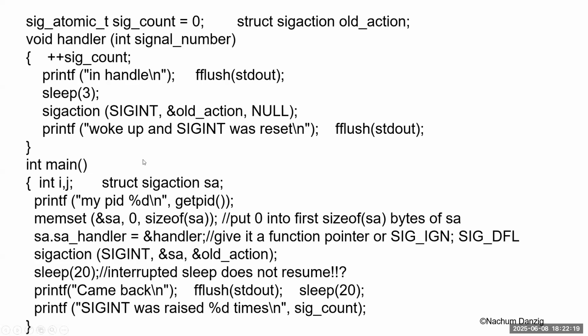Now it only happened once, and SIGINT was reset. Now if I do another sleep 20, and in that sleep 20 I hit it, it should actually kill it. You see? I'm just sort of proving the behavior.